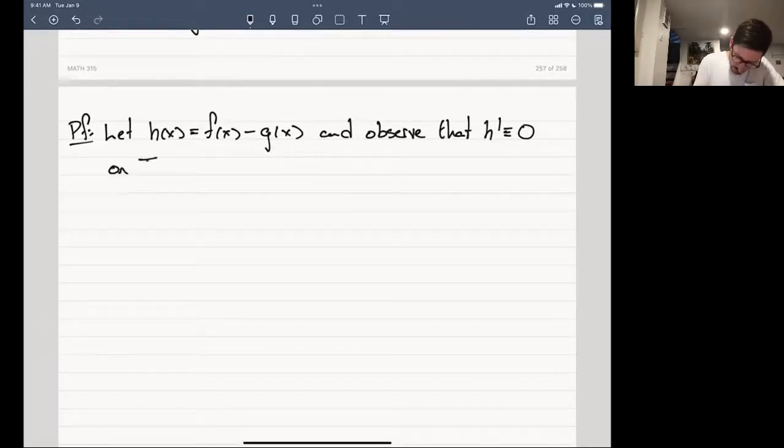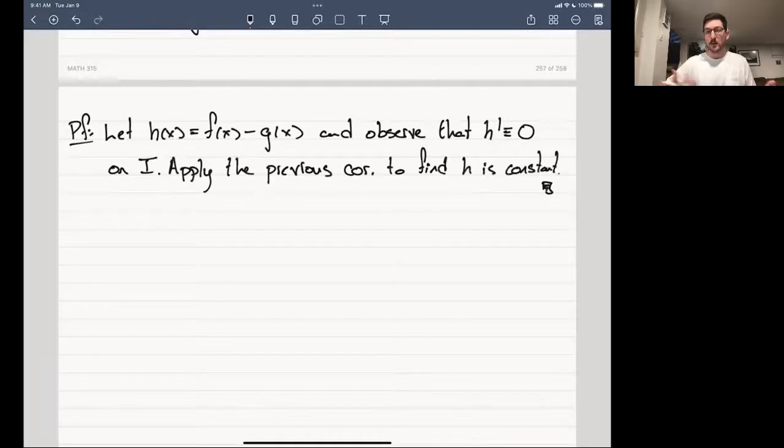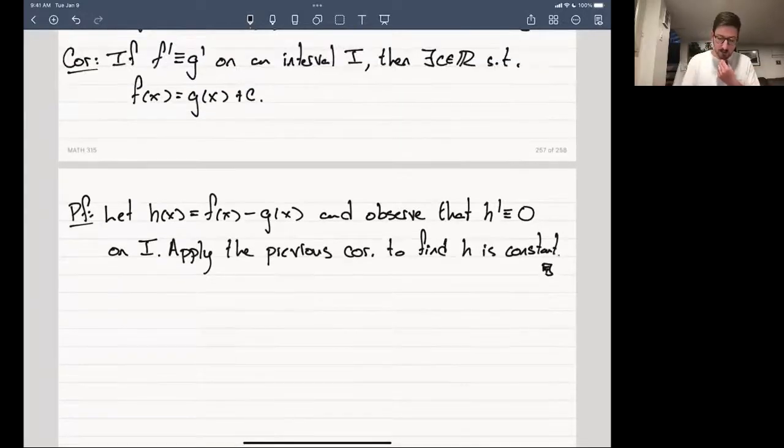And this is, of course, on the interval I. Then apply the previous corollary to find h is constant. And so that means since h is constant, f and g just differ by a constant when you subtract them. And that means that f of x can be written as g of x plus some constant. Right? Again, it's all of integral calculus. That's exactly how this works.